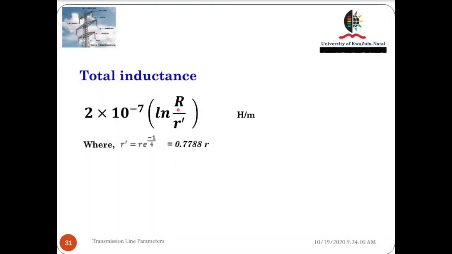So this R is the distance between the conductor under consideration and all other conductors. And this r prime is related to small r, and this is a constant actually, e to the power minus 1 by 4, which is 0.7788.